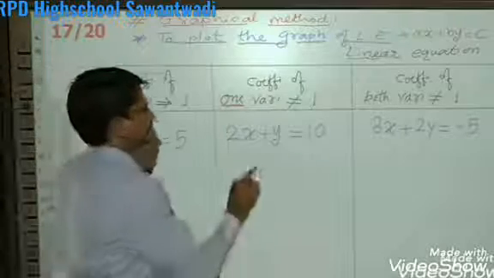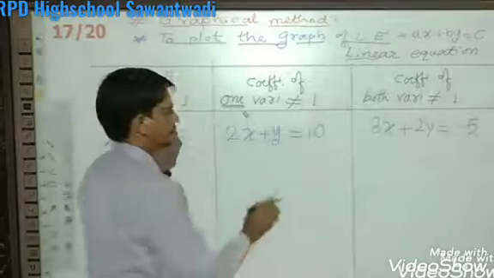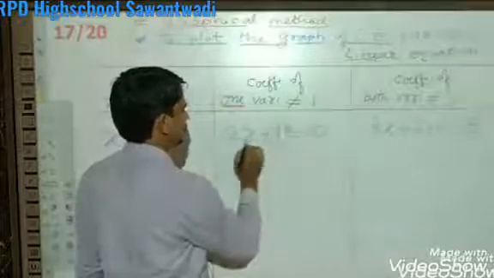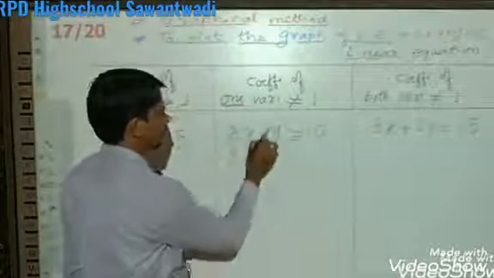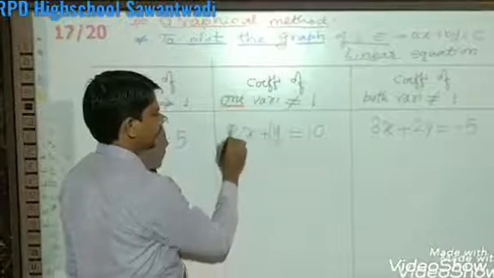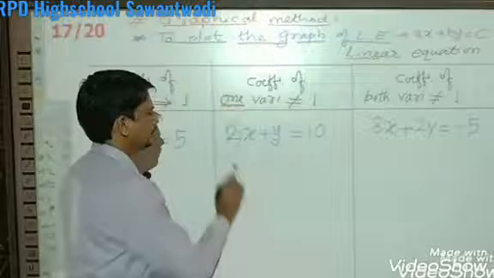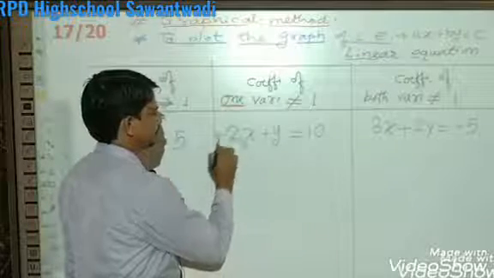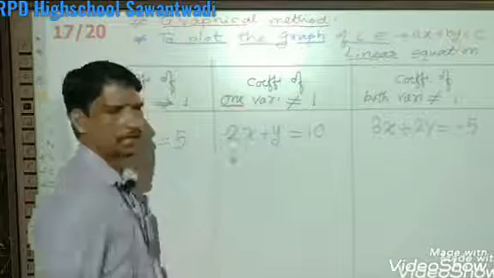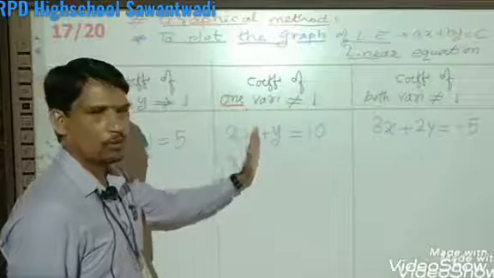Here let us have a second example. The coefficient of one variable is not equal to 1. One of the variables will have a coefficient not equal to 1, and one of the variables will have coefficient 1. Here you may get 3 or even 4, or you can have 5. Even you can have -2, -3. Any real number you can get. And one of the variables has coefficient equal to 1.